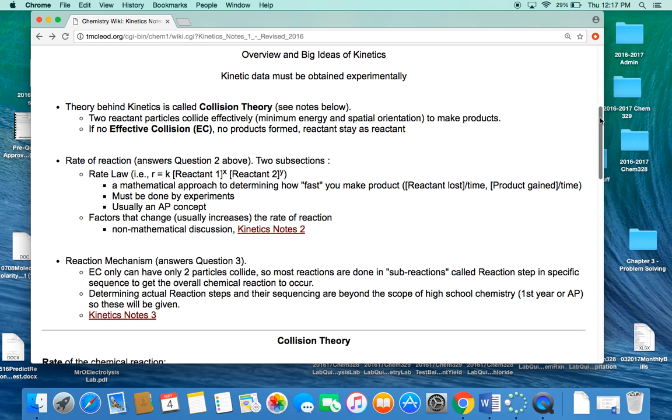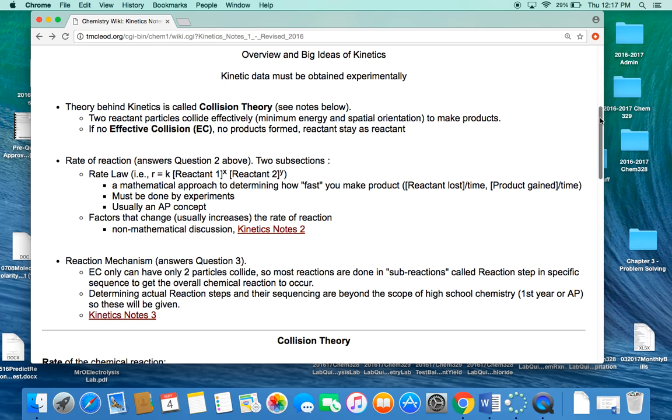And the second thing is they have to three-dimensionally be in the right collision. So you can't like hug. You don't usually hug people from behind. You usually hug two people facing each other hugging. So that's the orientation.